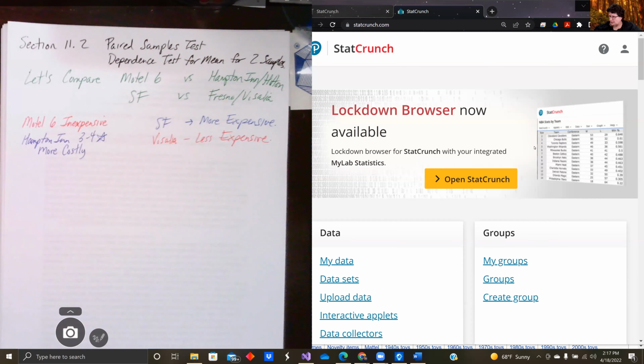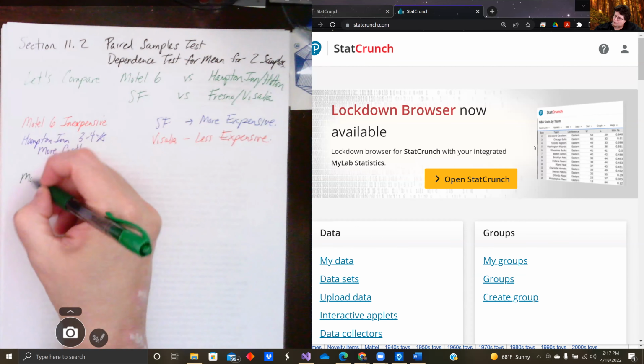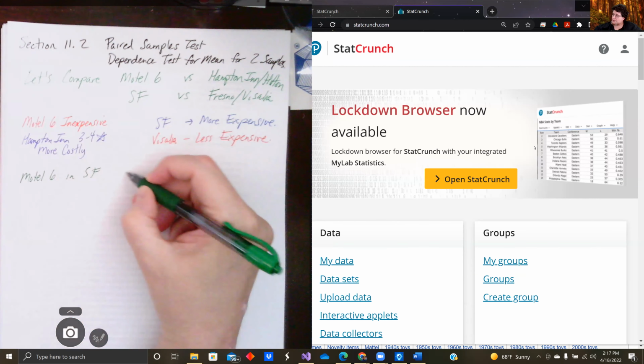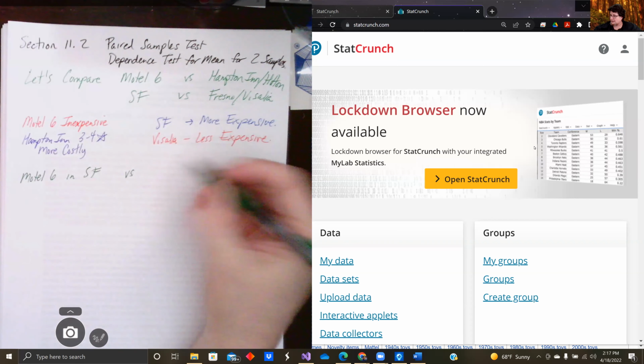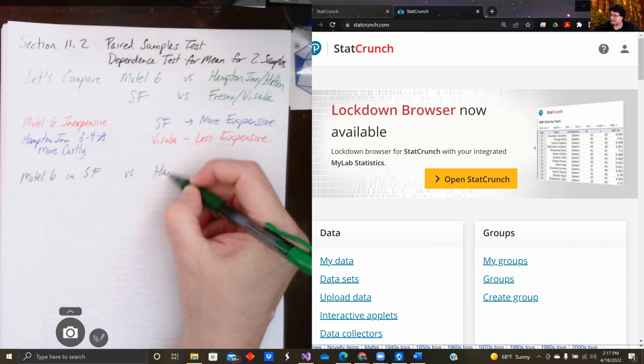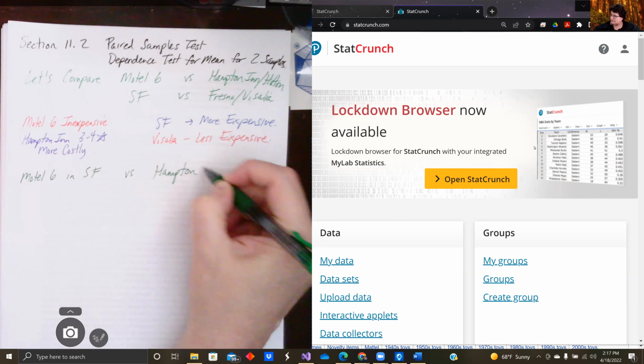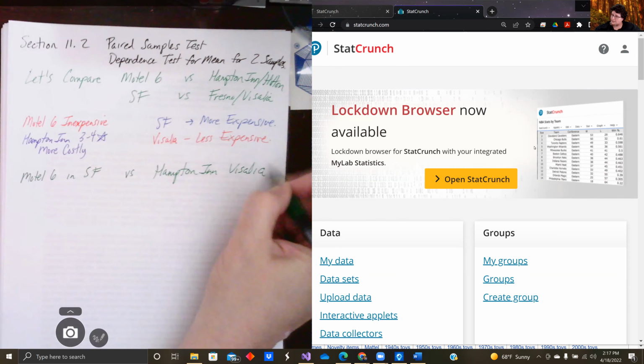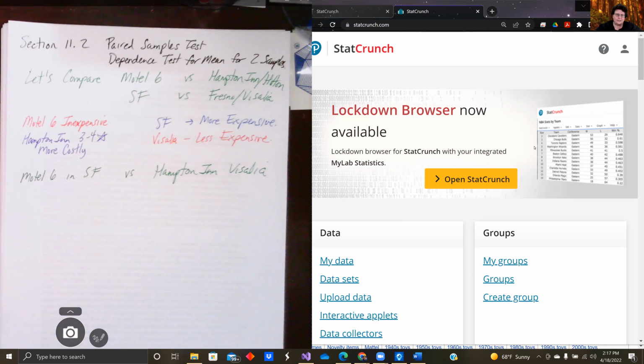So we could look at staying the night at a Motel 6 in San Francisco versus a Hampton Inn in Visalia. The Motel 6 is less expensive, but it's in a costlier town.